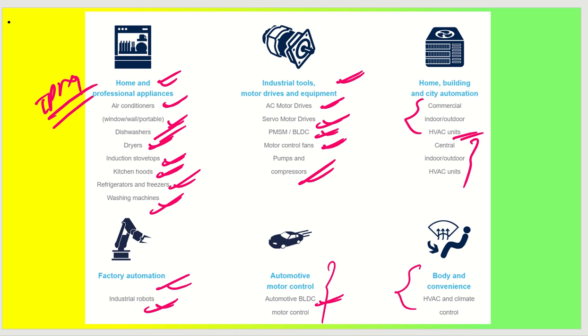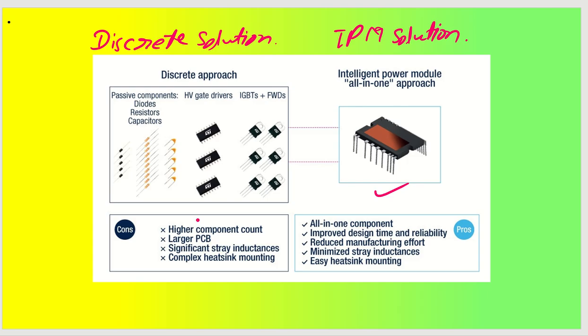Coming back to one of the pages they have mentioned very clearly, how the discrete approach works for this particular design, and how our intelligent power module all-in-one approach is the solution. As you can see, we require a lot of passive components like diodes, resistors, capacitors. Then we need high voltage gate drivers, and IGBTs with a freewheeling diode.